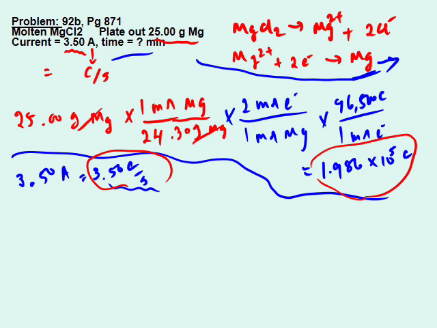Once I get second, I can get minute. So you do the following: 1.986 times 10 to the power 5 coulomb times second over 3.50 coulomb, because this is the ampere they're passing through.